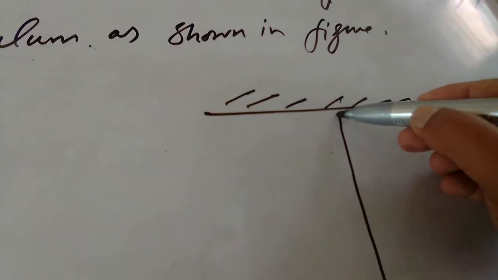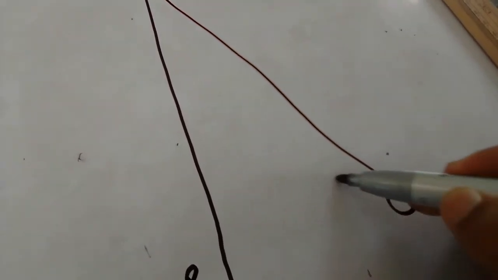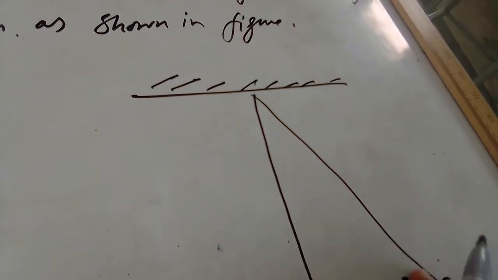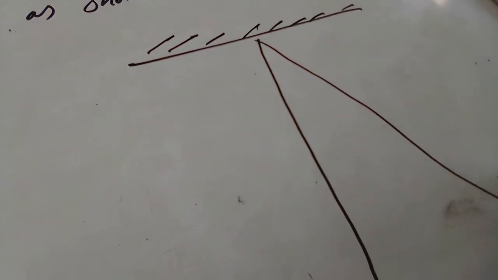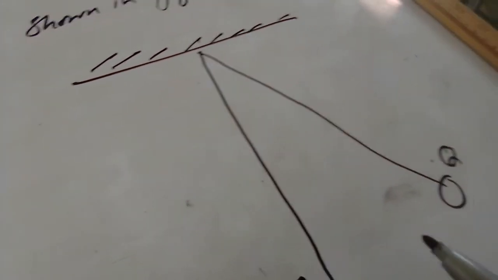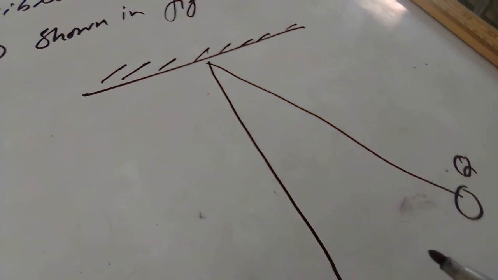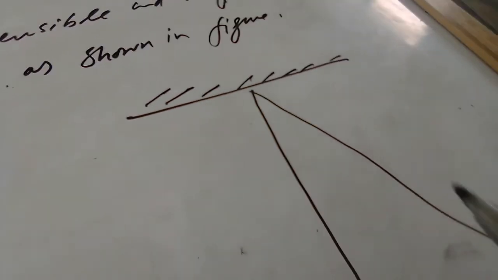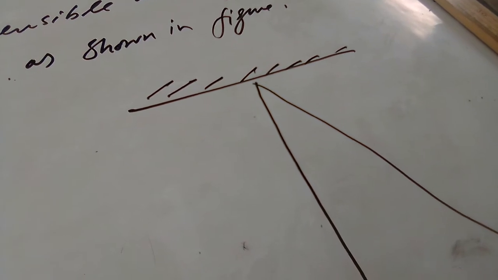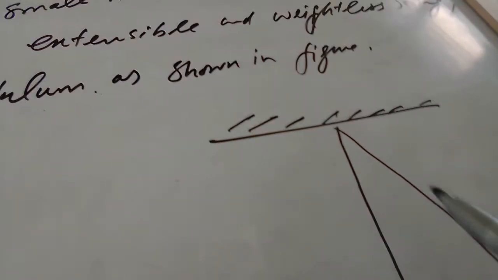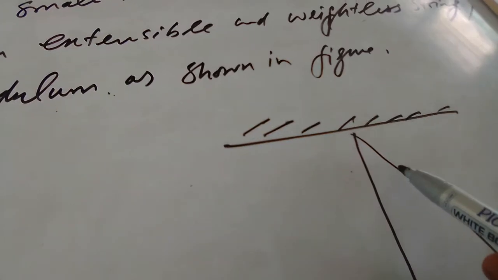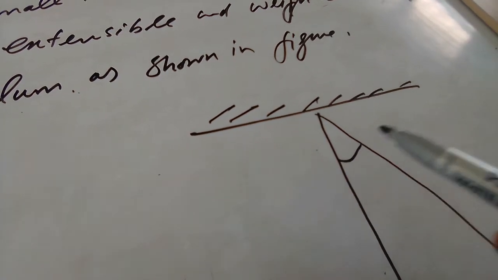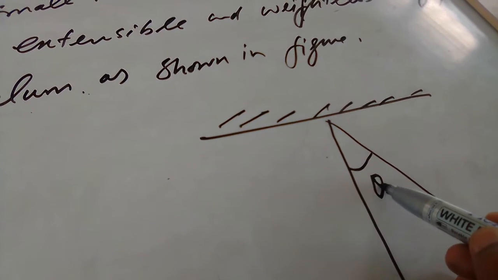And this point, let's say Q, is called the extreme position. At the extreme position, the body is displaced making a certain angle with the mean position, let's say theta.